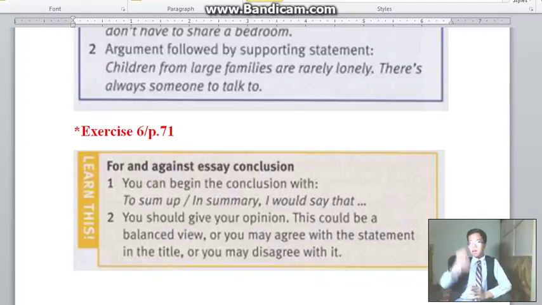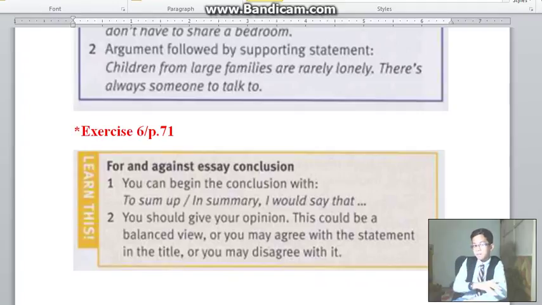So remember, in the conclusion of the essay you will have to include two important things. First, you put the phrase to sum up, in summary, or I would say that to close the essay. And then in that conclusion paragraph, you will have to give your own opinion.